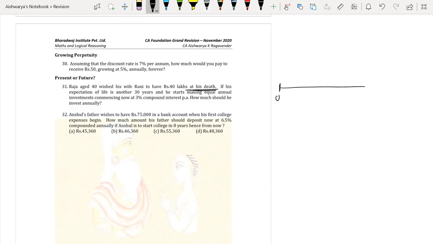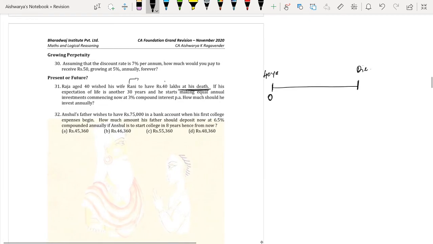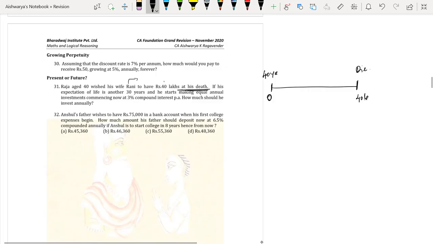So, right now, time 0, he's 40 years. Okay. So he is expecting that at his death, his wife should have 40 lakhs. So naturally, he'll die in the future, no? Whenever he is going to die at this juncture, at that juncture, he wants to have 40 lakhs. Who should get it? His wife should get it. So when he dies in the future, 40 lakhs should come.